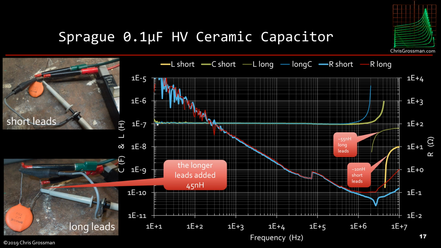So we can see here that this is the capacitance in both cases, and it's coming out almost exactly at 0.1 microfarads. This is the equivalent resistance, and it's very noisy up here, and then here we're getting a glitch.